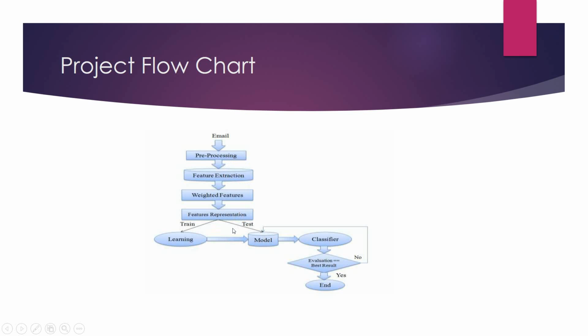First the features are divided into train data and test data in the ratio of 60 to 40, and then the classifier is trained with this train data, and then the classifier is tested with the 40% test data, and then it is evaluated for best results.